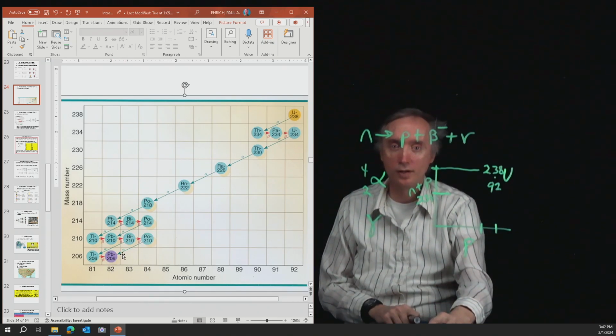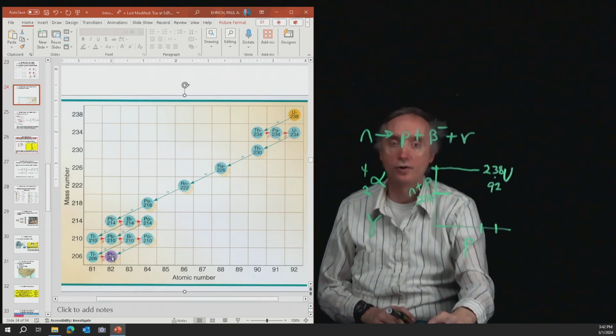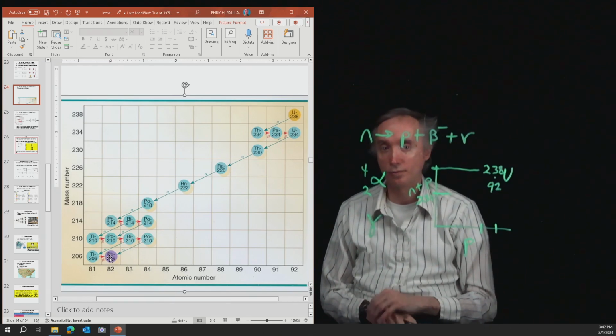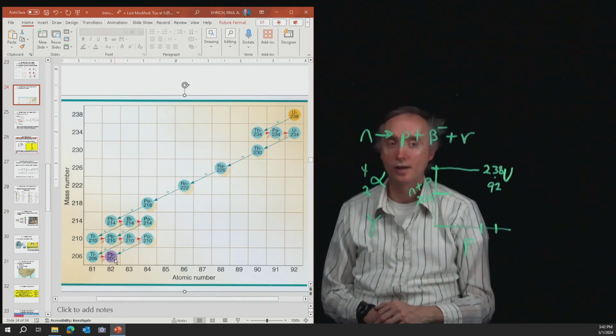So this one, lead, is still unstable. But it takes so many years for it to decay, we can say for all intents and purposes that this is a stable nucleus. But really, eventually this thing would decay into iron, given enough time.